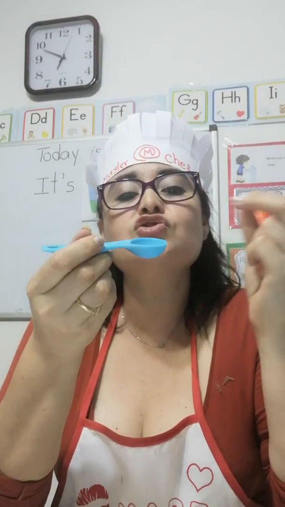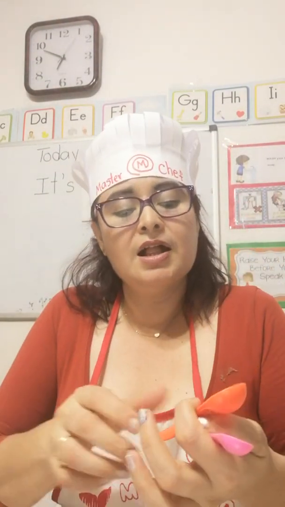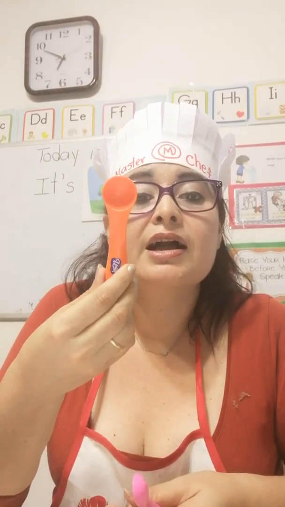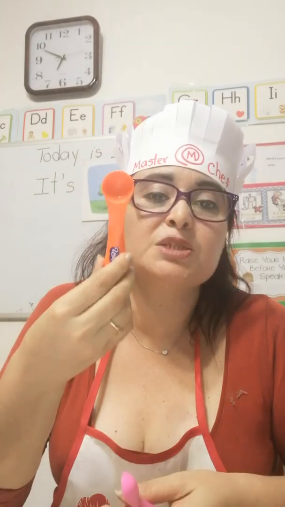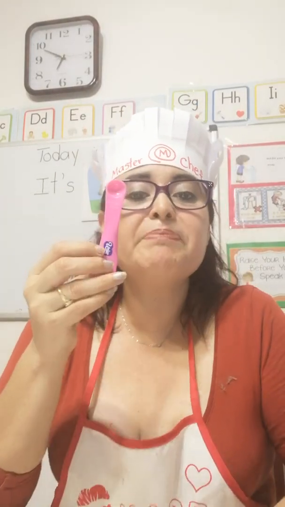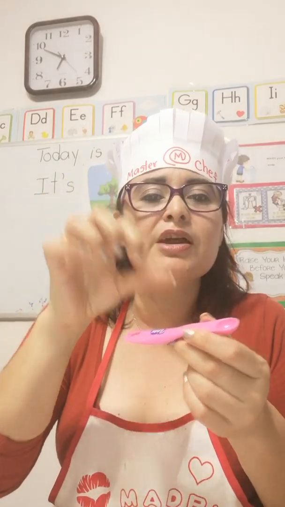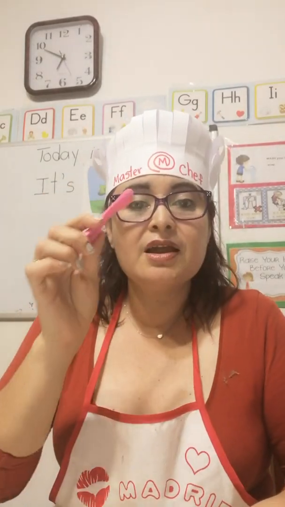For example, I can use it to measure sugar. The orange one is half tablespoon or half teaspoon, media. And the pink one, and they have, you know, the size over here. This is 1/4. You see, it is a smaller amount, okay, of anything that I want to measure.